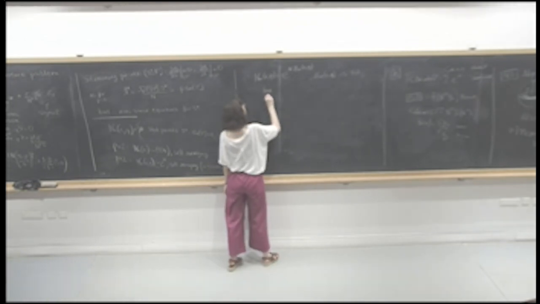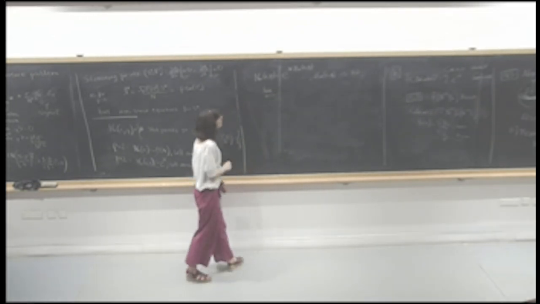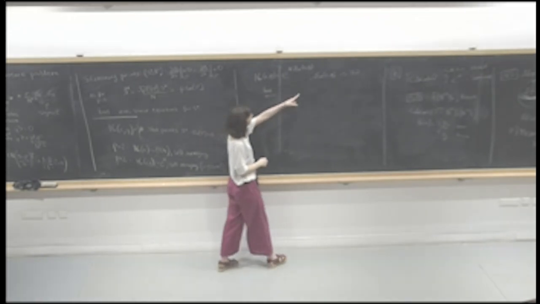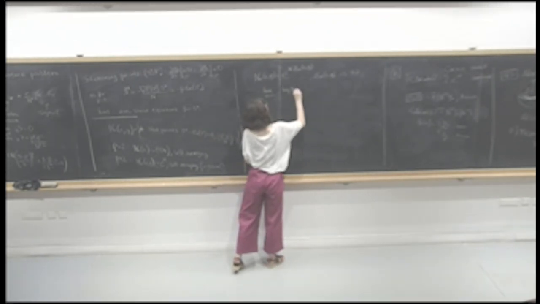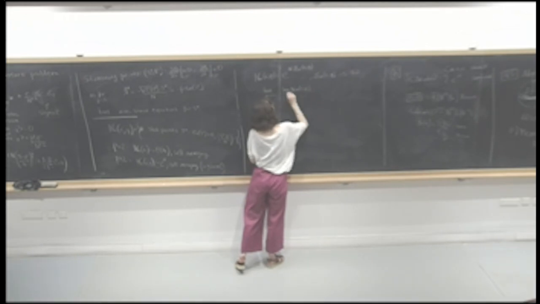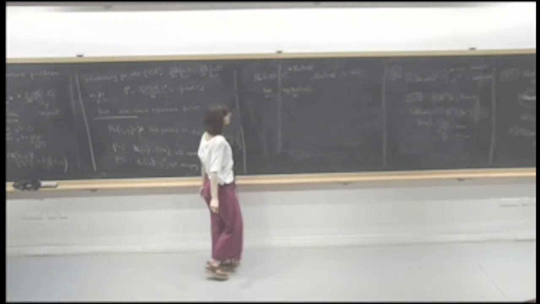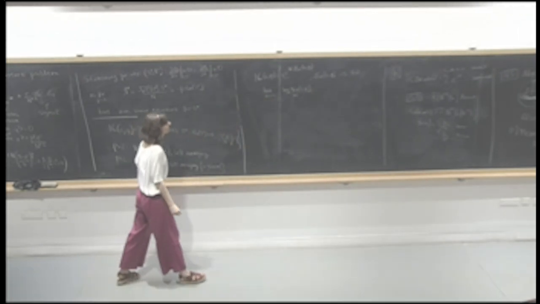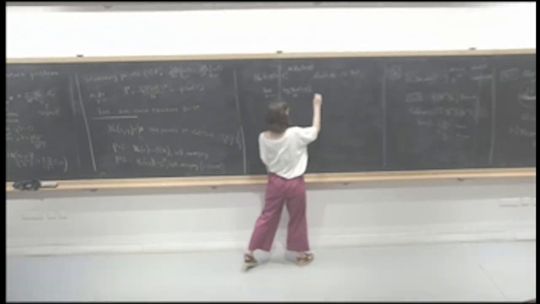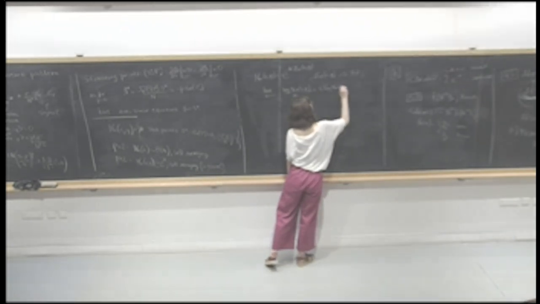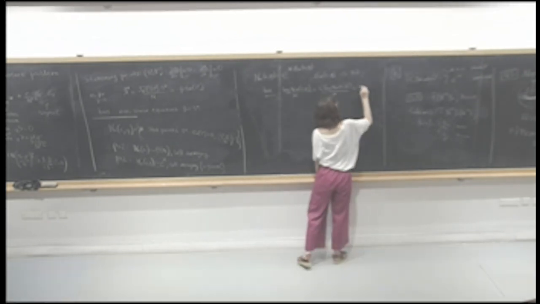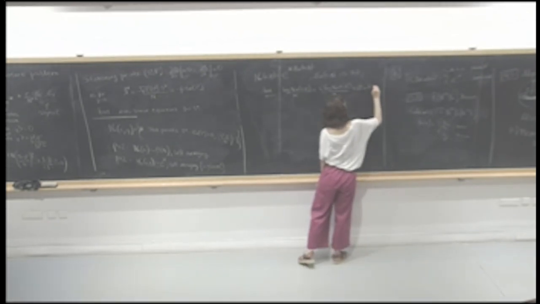So I can look at the limit of sigma, that is log of n divided by n. And this will converge to this average here, that I call sigma infinity.